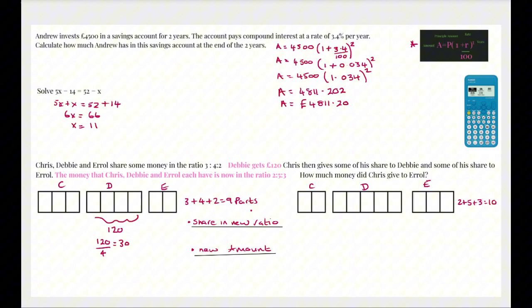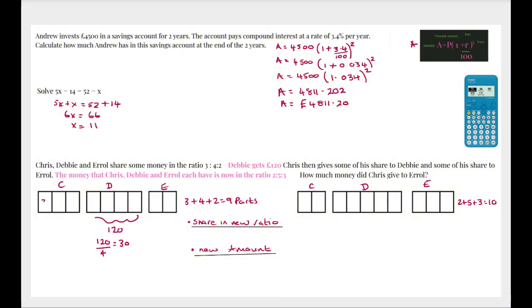I've done usual, find out the parts, 3, 4, 2 equals 9 parts. And it's telling me that Debbie gets £120. Now, to find one part of the ratio, we need to divide this by how many parts Debbie has, because we know she's got £120. So we divide that by 4 parts, which gives you 30.